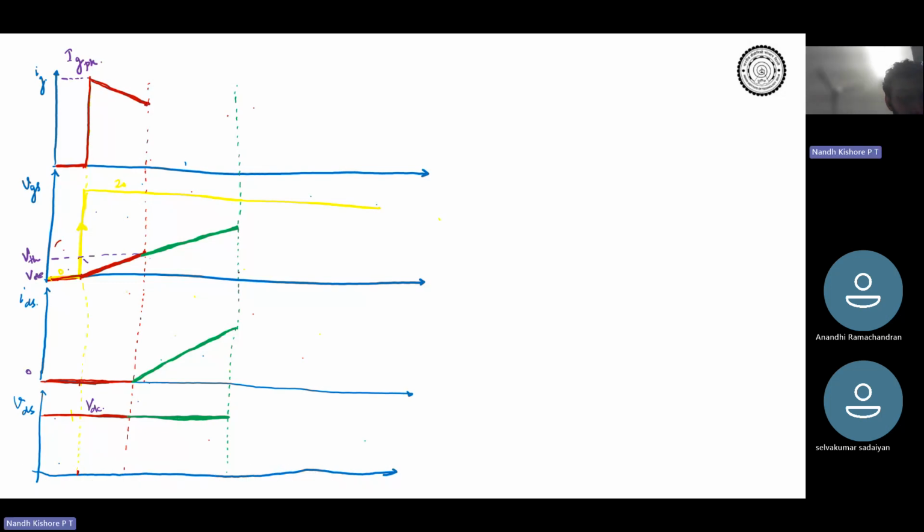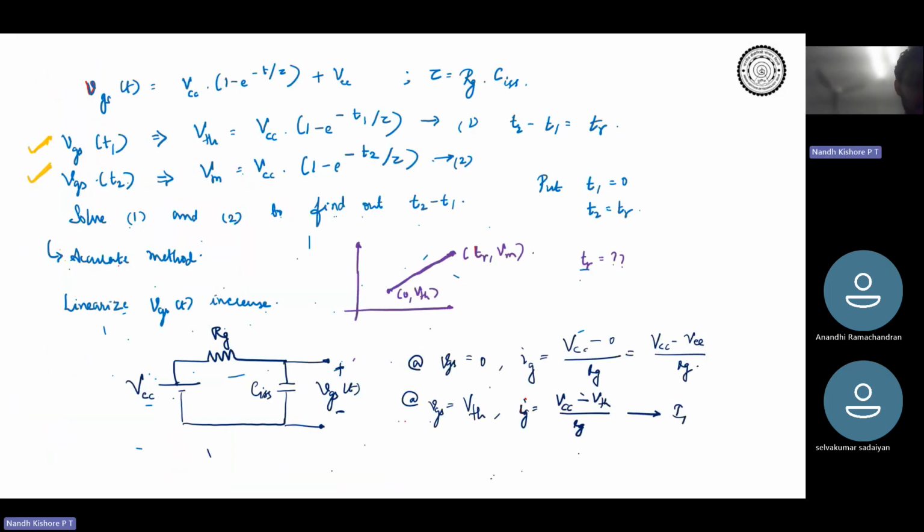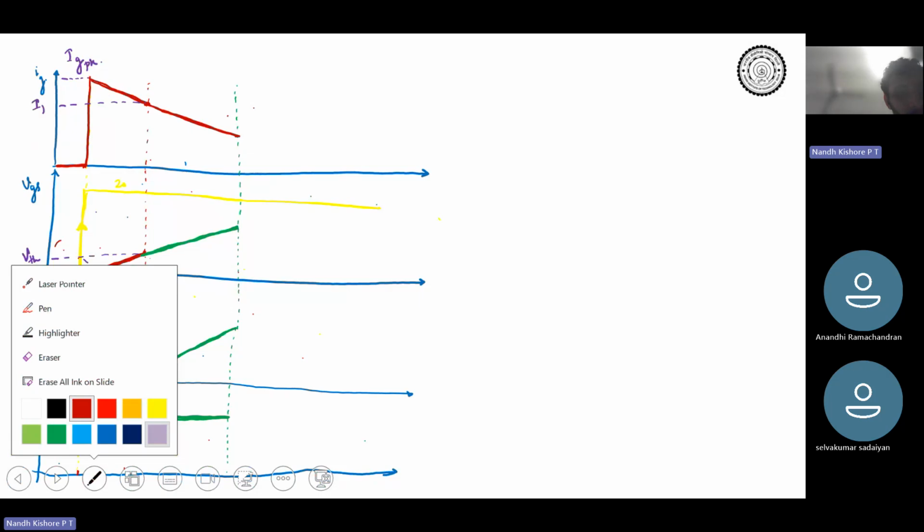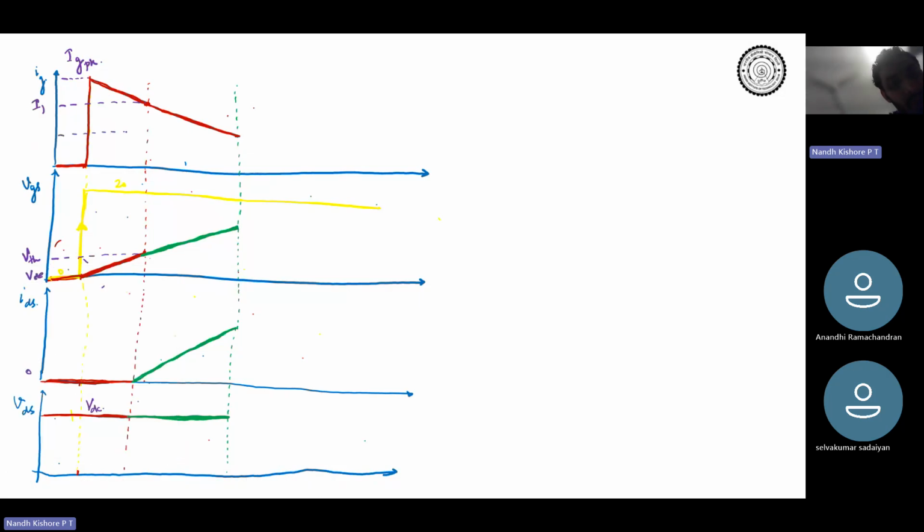So this was our I1, and gate current continues to fall linearly like this, and let's call this I2.